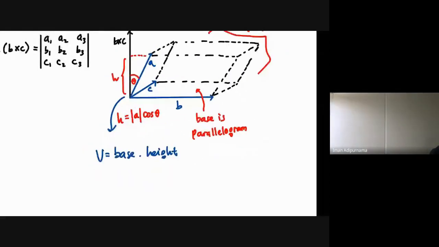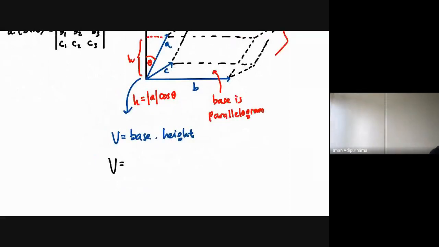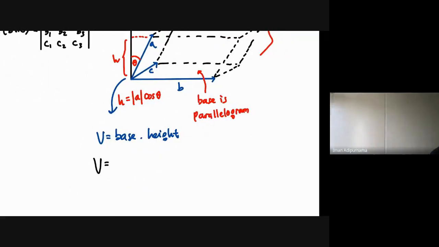Now you can write the volume of the whole shape: the base is B cross C, the area of the parallelogram, and then multiply with A and then cos theta.